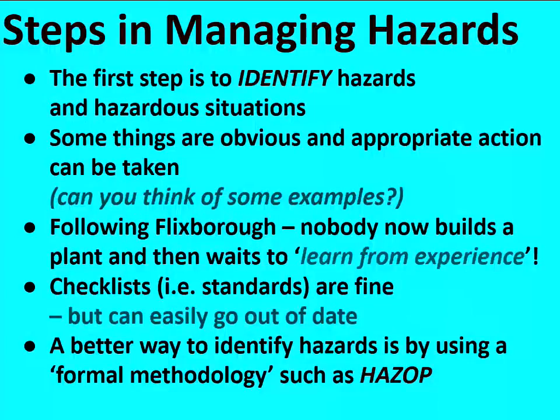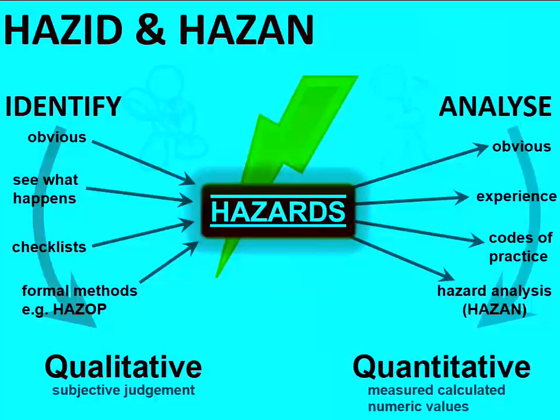So there's just an example of how HAZOP sits alongside various other types of identification methods. There's your hazards in the middle. So the methods for identifying hazards, we talked about them: things that are obvious, that we just talked about. The old way of doing it in industry, which we don't do anymore, which was wait and see what happens. We'll run the plant, and if there's an accident, we kill a few people, we'll patch it up.